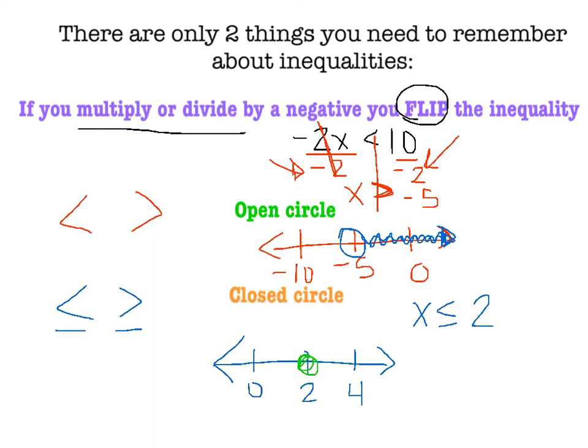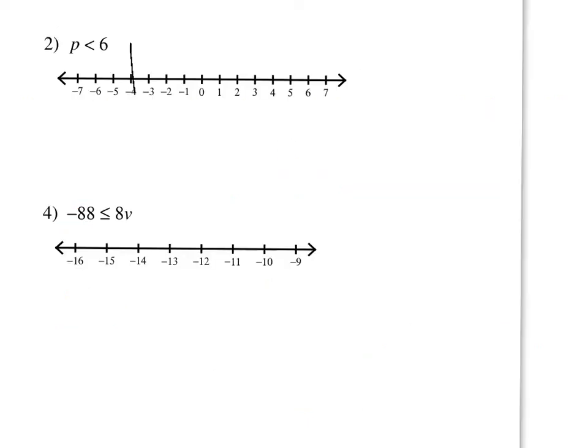So I'm going to go ahead and color in my circle on 2. And I want the x's that are smaller because that's the small side of the arrow. So I want smaller x's, and they're smaller to the left. So I'm going to go ahead and shade to the left, including that arrow. So you should have a picture that looks something like that.